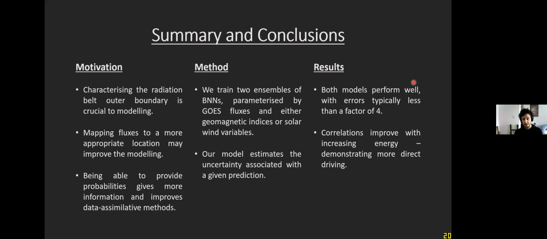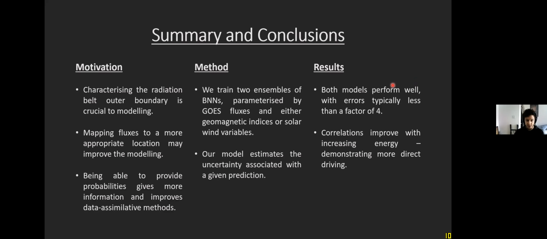So a model like this is immensely useful because just using Themis data, we couldn't reconstruct this in real time because Themis doesn't sample this boundary location very much. So we need a model of it to really characterize it properly. And we provide probabilities based on all of this, which is hopefully useful to data assimilative methods and just provides more information.